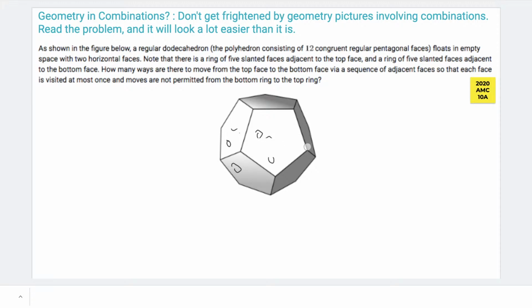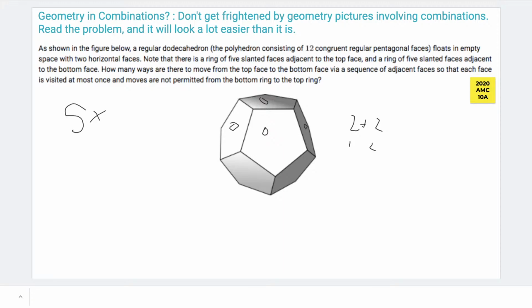So we always start at the top face here, and there are 5 pentagonal faces below it. So there are 5 ways to choose where we go first. Let's pretend we go here. Wherever you land, you can either walk to the face next to it in both directions, clockwise or counterclockwise, or you can go 2 pentagonal faces, clockwise or counterclockwise, which means 2 plus 2 for 1 pentagonal face or 2 pentagonal faces.